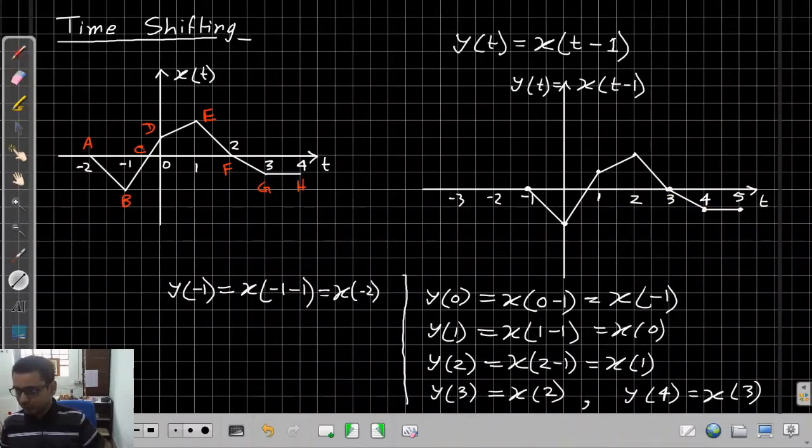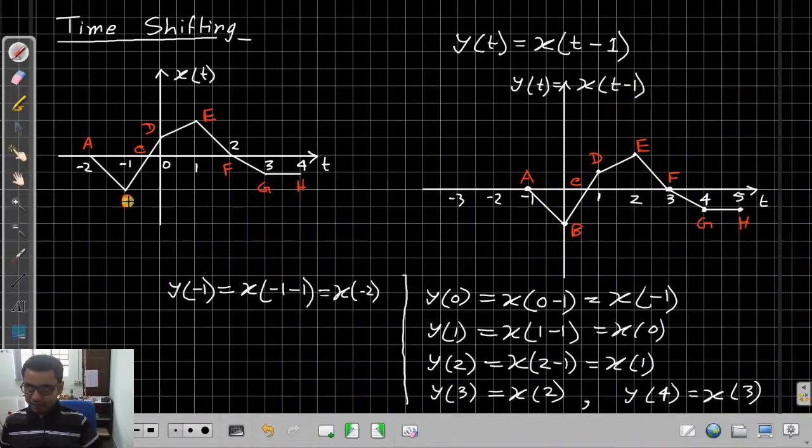If I label these points as A, B, C, D, E, F, G and H, you can clearly see that this graph is shifted towards the right by 1 unit.